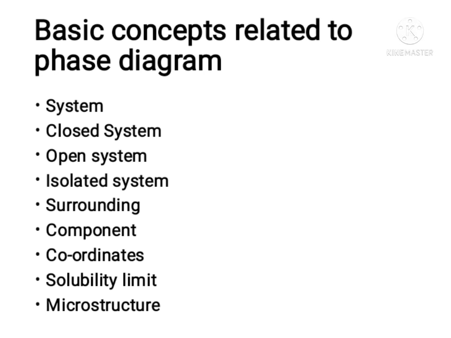The system neither exchange matter nor energy with its surrounding. For example, universe. Surrounding is a rest of the universe that interacts with the system. System and surrounding are separated by a boundary.